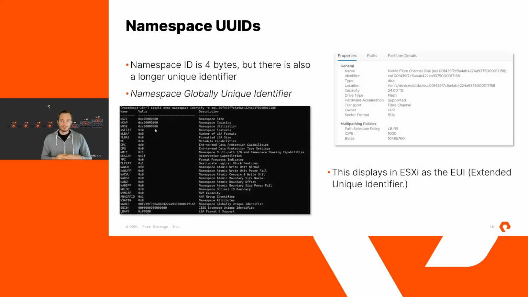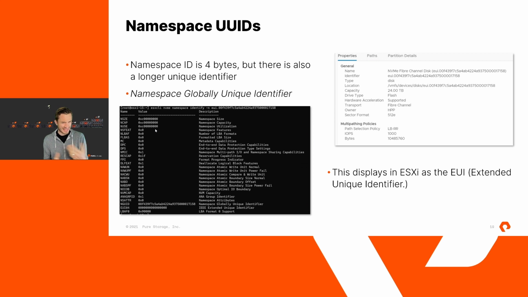Of course, when we're talking globally, there is a namespace UUID. And this is based off of the underlying serial number of the array object of the namespace, and you can see some of these details either using the ESX CLI or, of course, even in the UI itself. VMware translates this into what is called the EUI, the Extended Unique Identifier.